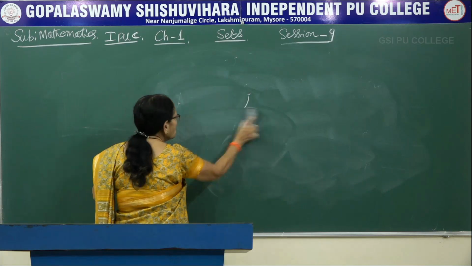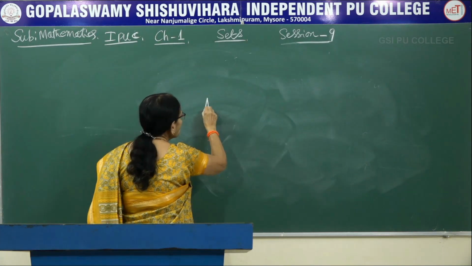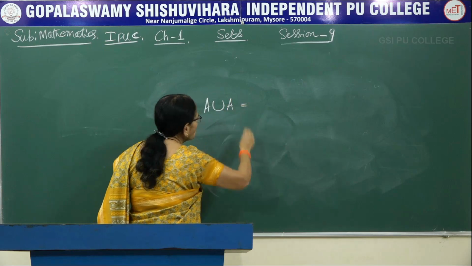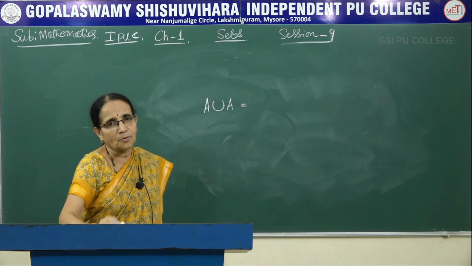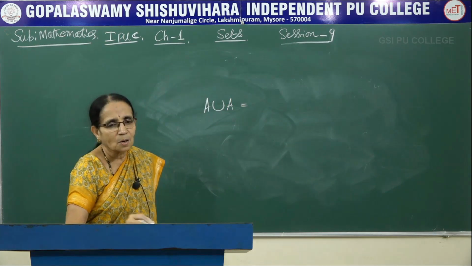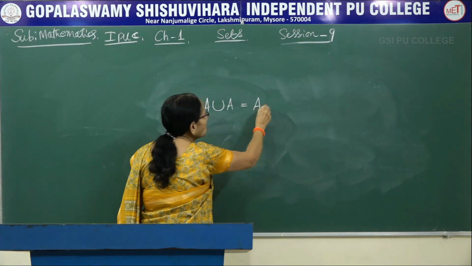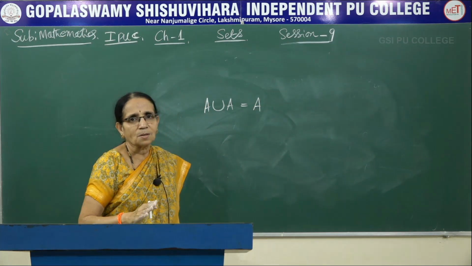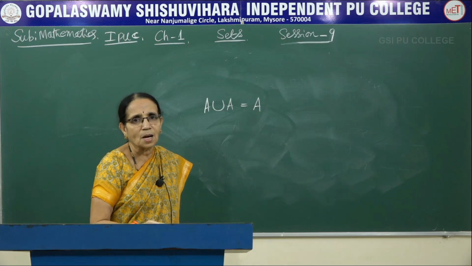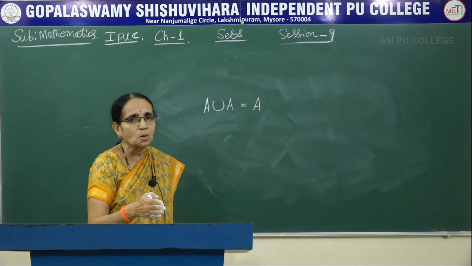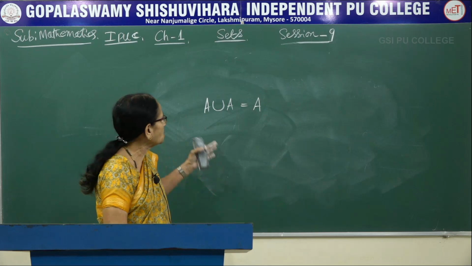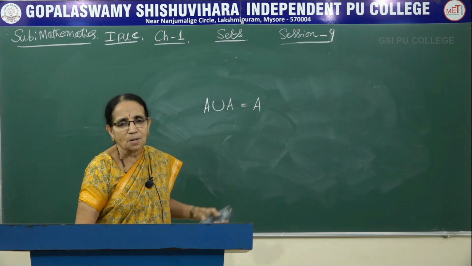Now, one more thing. Suppose you take the union of A with itself. A union A. What would that be? It is A only, isn't it? A contains three elements. Take A again, it contains three elements. You need not write them two times, as I have told you, if the elements are repeated. So A union A would be A itself.